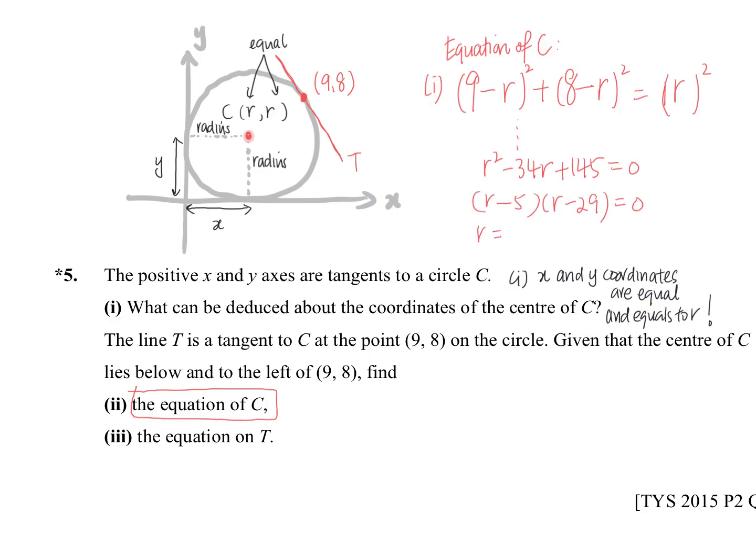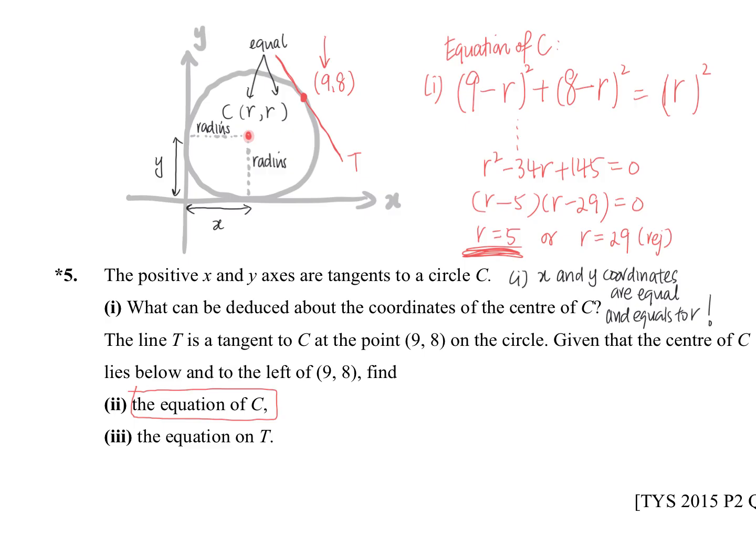So r is either 5 or r is 29. So what do you think? Should r be 5 or r be 29? Why not 29? It needs to be to the left and below point (9, 8). So this one I have to reject. So this is my radius.